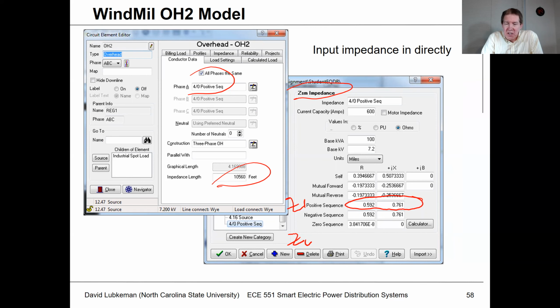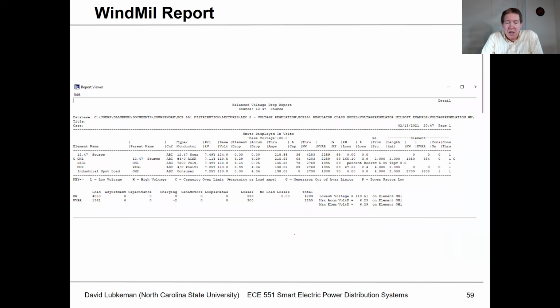So once I have all these entered in, then I can run the power flow. I'm doing balanced voltage drop analysis in this case. And then what you'll actually see is what's going on in the circuit. You see indeed that we're keeping the voltage pretty close to 120. The tap position in this case is actually 8. It actually rounded up instead of rounding down.